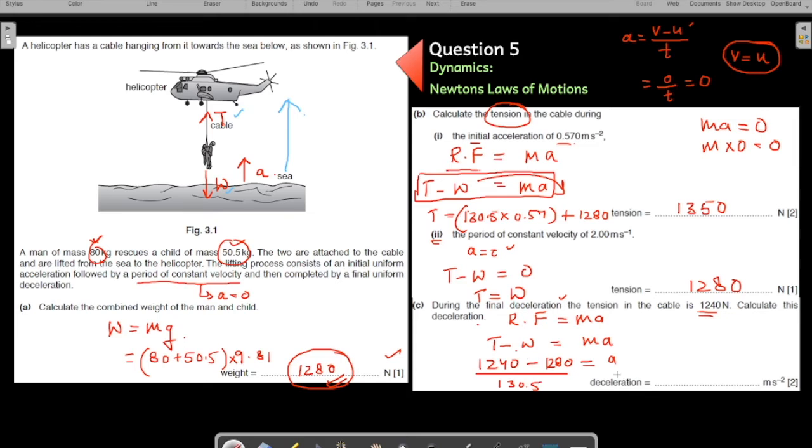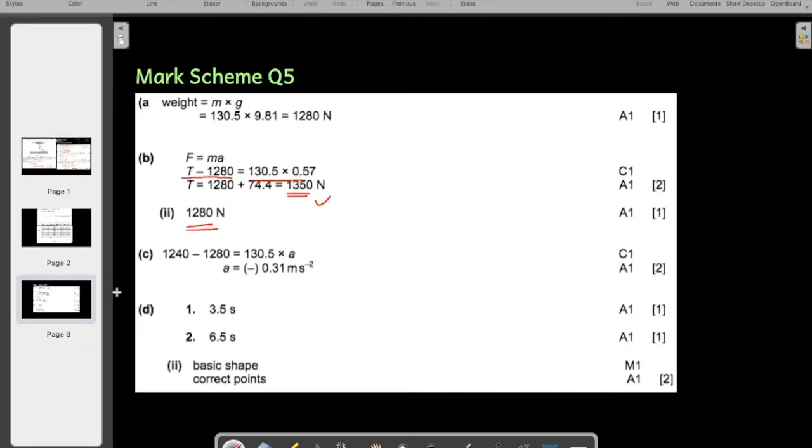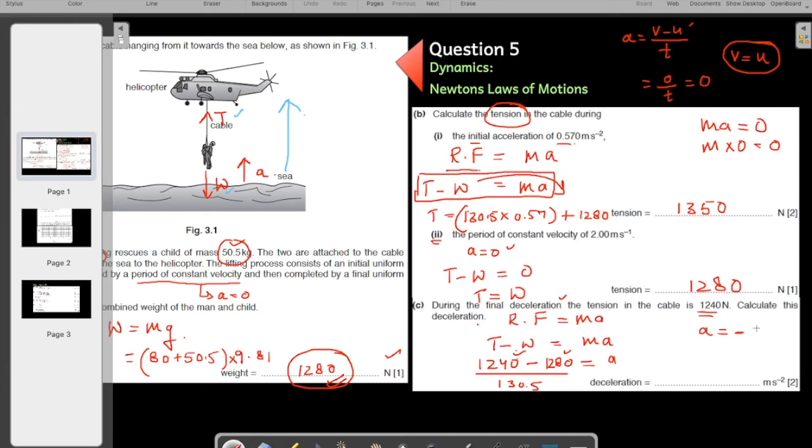So clearly, you are getting a value of acceleration which is a negative number because you're subtracting a bigger number from a smaller number. So work it out in your calculator, pause the screen for a moment and come back. You see the same thing happening here, minus 0.31 meters per second squared. Negative means that there is a deceleration happening.